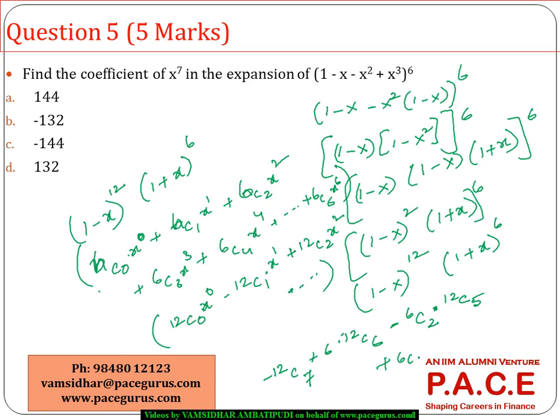Again plus 6C3 into 12C4, minus 6C4 into 12C3, plus 6C5 into 12C2, minus 6C6 into 12C1. These are the various coefficients that we can encounter, right? So I can solve these numbers and come out with the answer. Or is there any other way out?